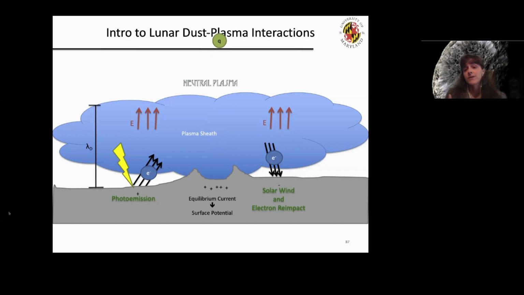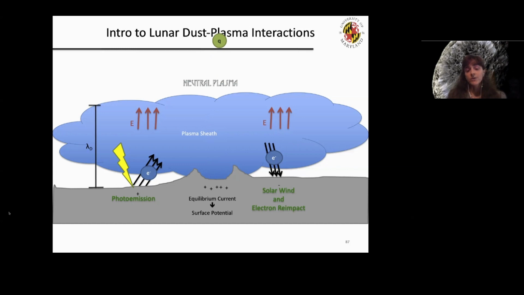All right, now the particle could detach from the surface due to these electrostatic forces. That's what we're calling electrostatic lofting. But it could also detach from the surface due to micrometeorite bombardment or due to exploration activities. Say you have an astronaut walking on the surface, or you have a rover wheel that's kicking up dust. These activities can also detach particles from the surface. And regardless of the detachment mechanism, the particle is going to be charged.